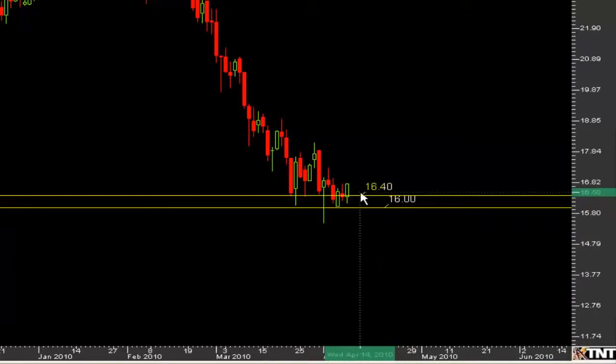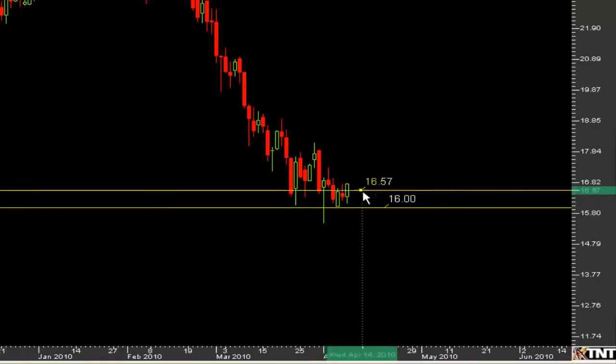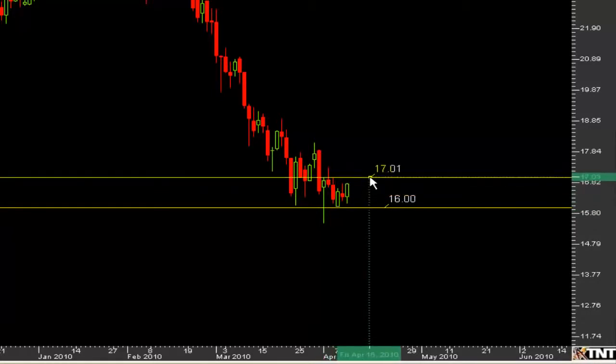Now, the upshot to prediction mode and using limit orders is, as you can see, our risk is a lot smaller. Here we're only risking 40 cents, whereas if we're trading, looking to enter at 1701, we're risking well over 100. Well, not well over, but just over 100 to get into this trade. So that makes a big difference.